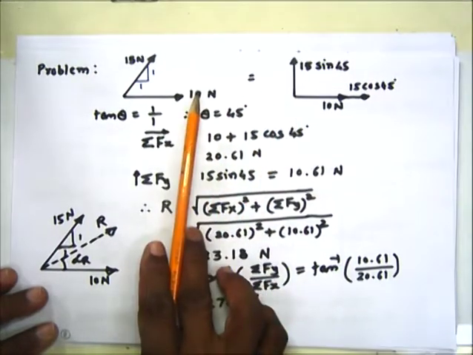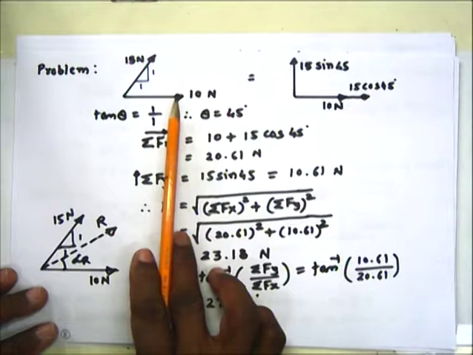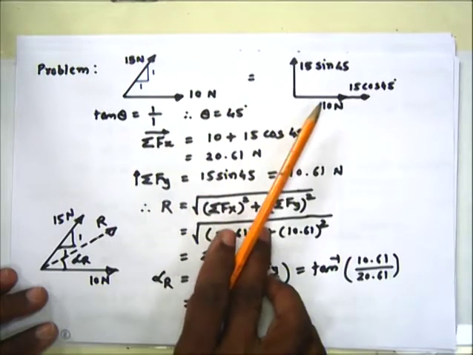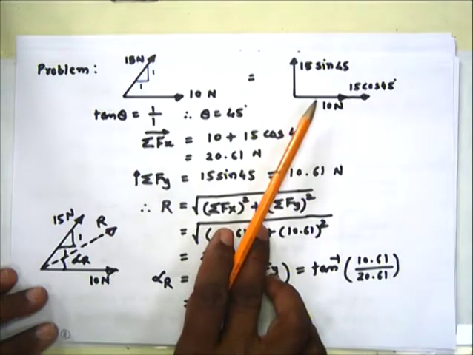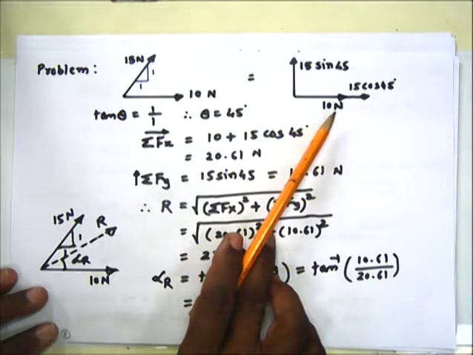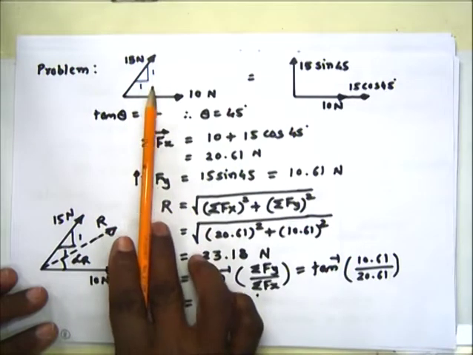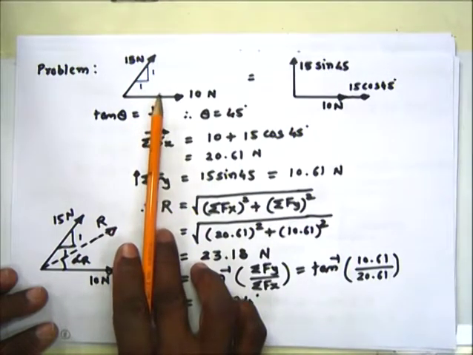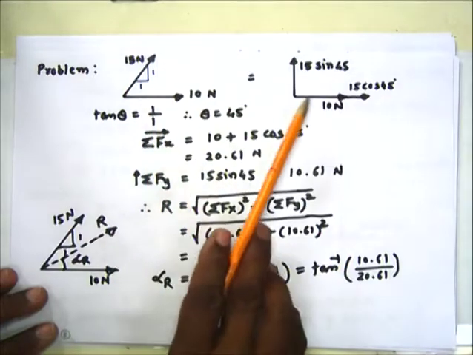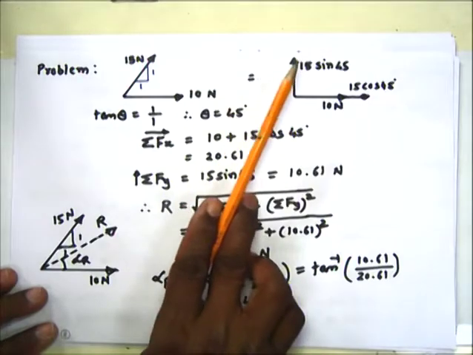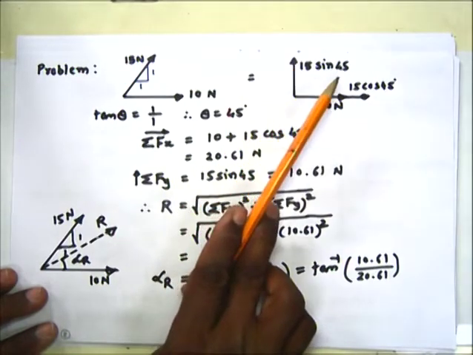So here for the 10 kN force, we are considering the line of action of this force as the x-axis or horizontal axis. Its component will be 10 kN itself, while this force is inclined and it is making a 45-degree angle with this line. So its component would be 15 cos 45, and its component along y will be 15 sin 45.